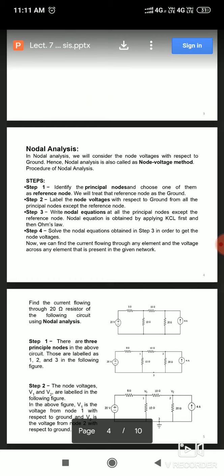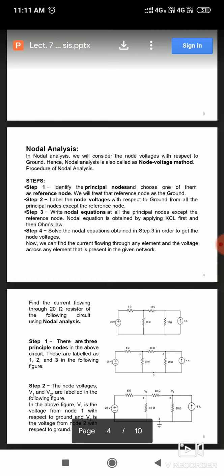Now step 3. At each node, you have to apply Kirchhoff's current law, and find the equations. Suppose two nodes are there, V1 and V2. You apply KCL at V1 and KCL at V2, so you will get two equations.